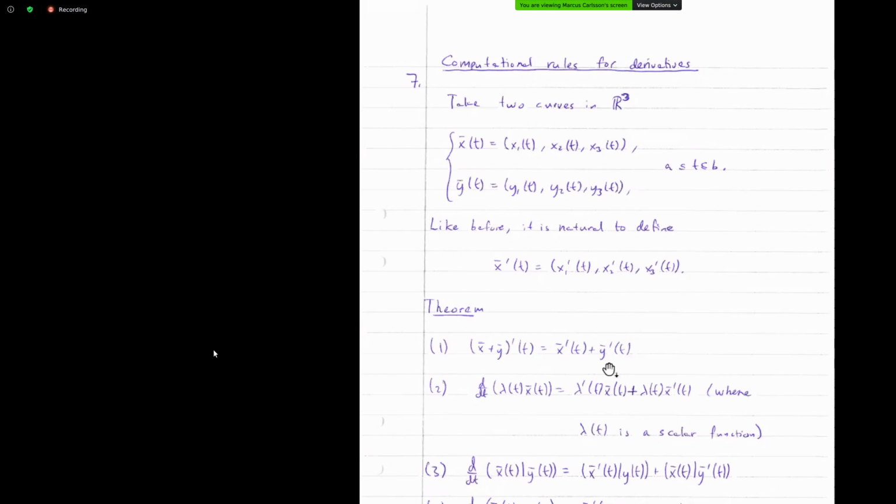First you differentiate lambda, you don't differentiate the x guy, and then you leave lambda untouched and you differentiate the x guy. So we can sum up those two. The derivative of lambda is the same for all coordinates, so here we just get lambda prime times x. And for the second coordinate we didn't touch lambda, but we differentiated x. So the derivative of lambda times x is the derivative of lambda times x, plus the velocity times lambda.